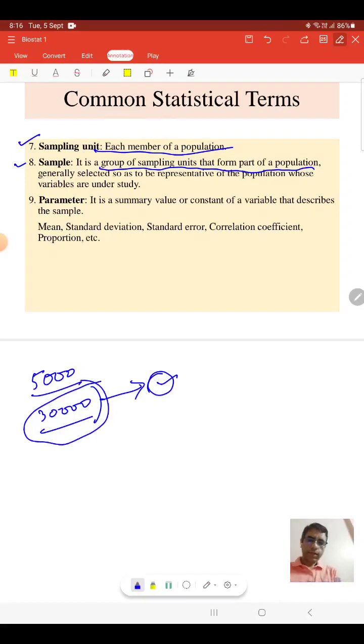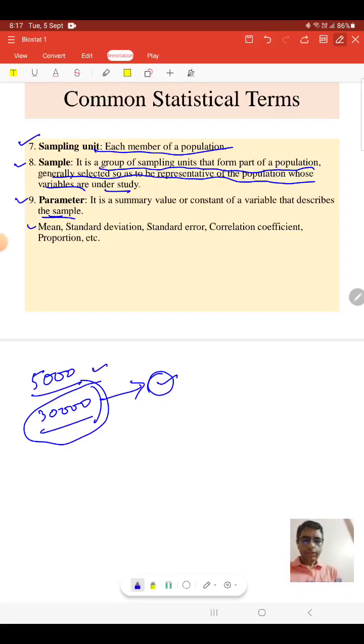So a part of the population is generally selected as a sample so that it represents the population whose variables are under study. Next is the parameter, another very important terminology. It is a summary value or constant of a variable that describes the population, such as mean, standard deviation, standard error, correlation coefficient, and proportion.